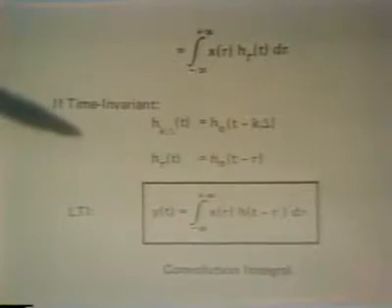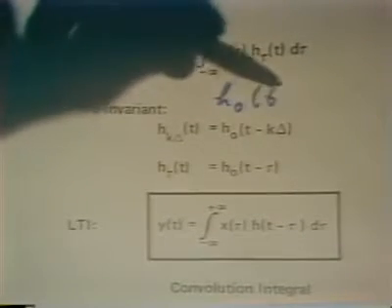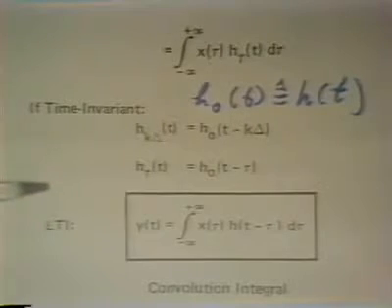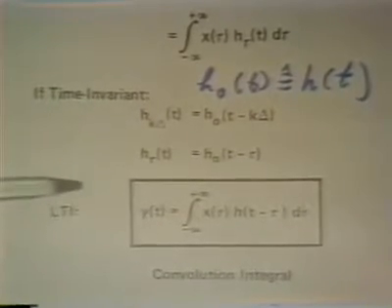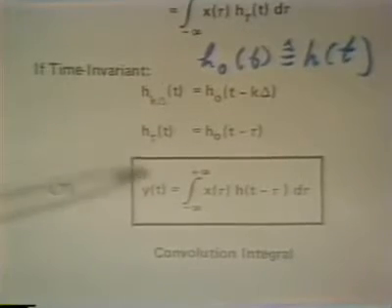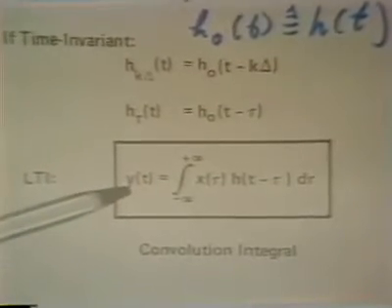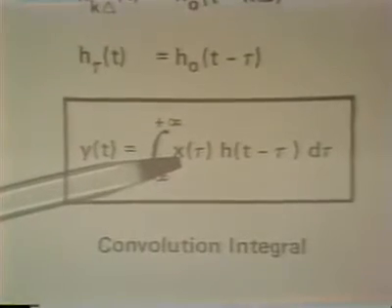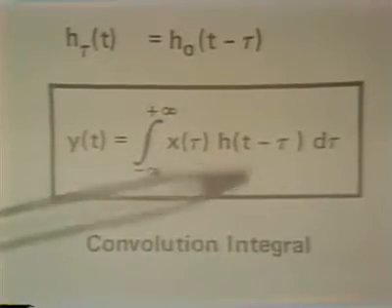And again, as we did before, we'll drop this subscript: h0 of t we'll simply define as h of t. What we're left with is the description of a linear time invariant system through this integral, which tells us how the output is related to the input and to the impulse response.